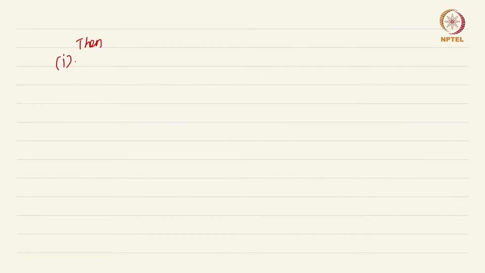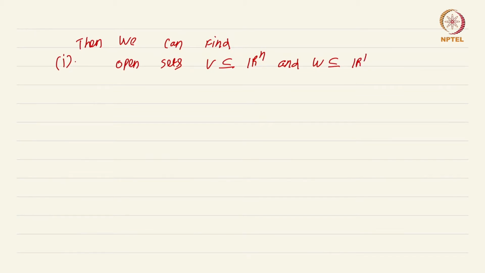Then we can find, number one, open sets V subset of Rn and W subset of Rm such that this V cross W is contained in U and x naught y naught is there in this product neighborhood V cross W. Number two, a ck smooth map.